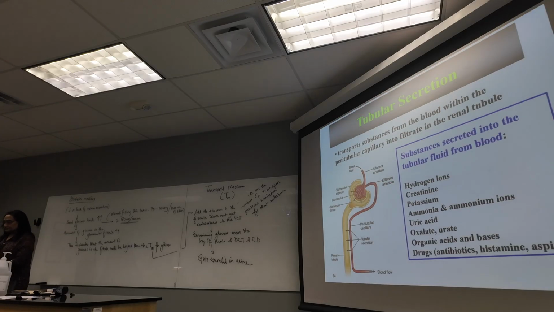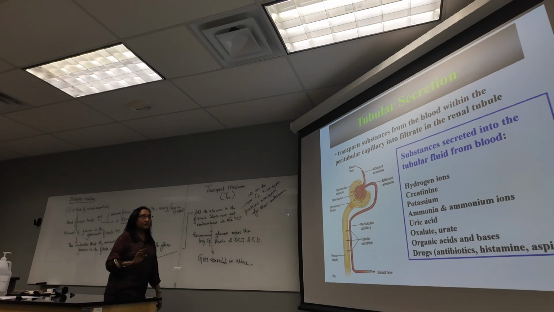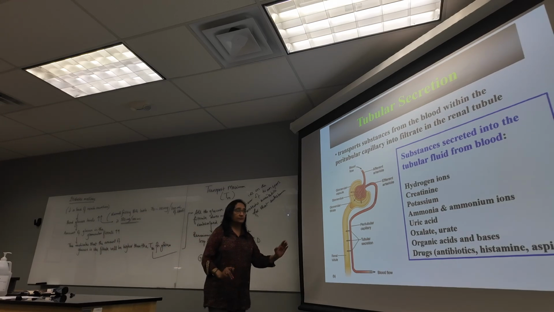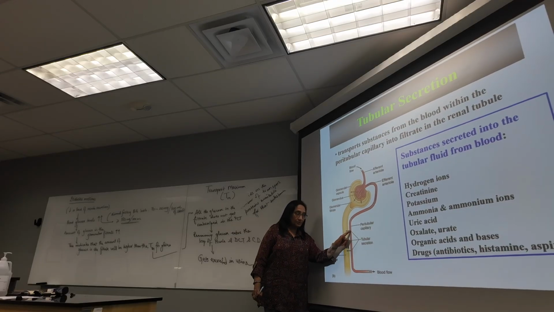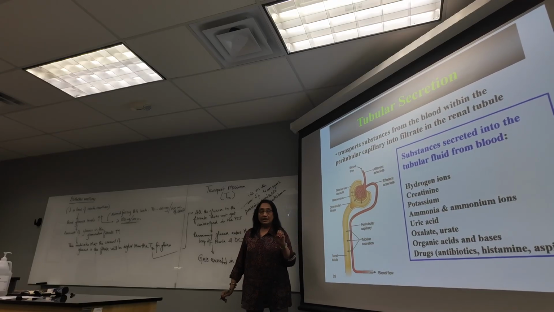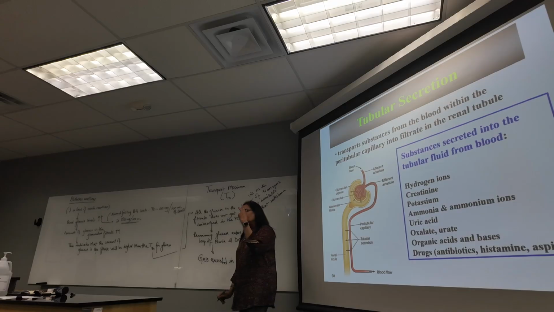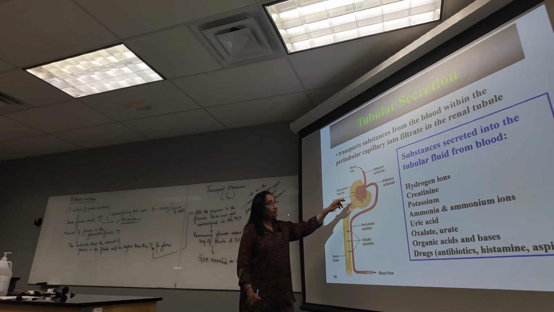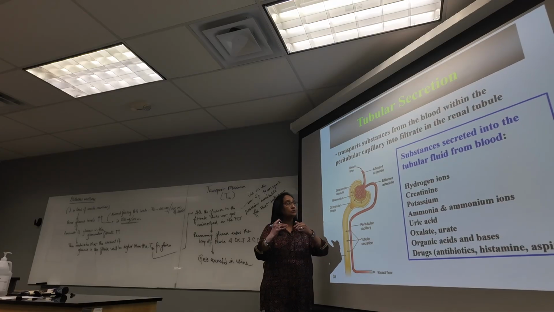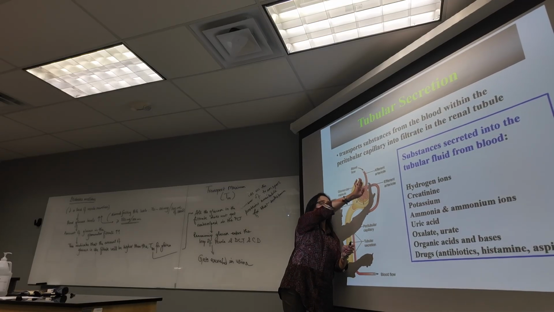Right. Now we come to tubular secretion. Tubular secretion is the opposite of reabsorption, where the substance gets from the blood into the filtrate. And I told you tubular secretion happens because of two reasons. One, if the substance that needs to be thrown out of the body escapes filtration.